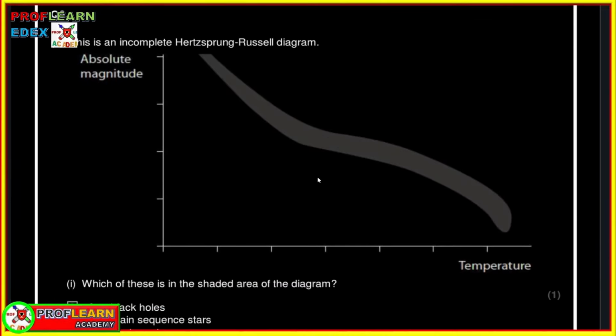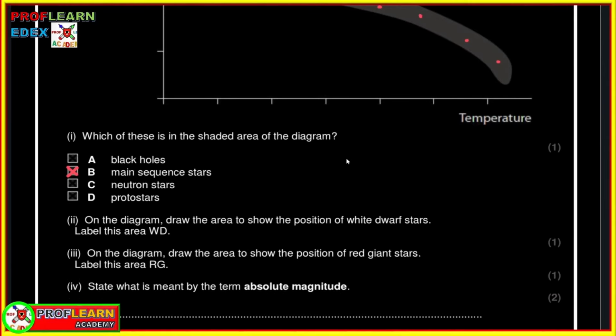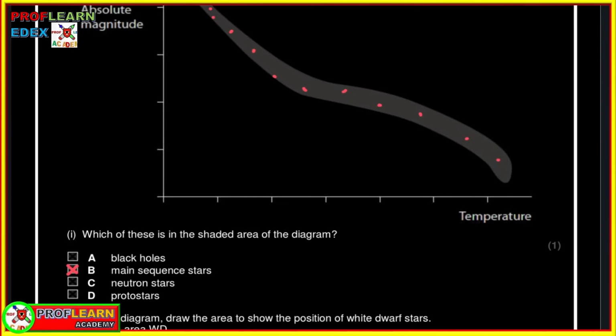Another topic you need to look at is the evolution of stars. In that case, we need to talk about Hertzsprung-Russell diagrams. You need to understand the different regions of an HR diagram. You need to know where the main sequence is, and the middle part that we have here is the main sequence.